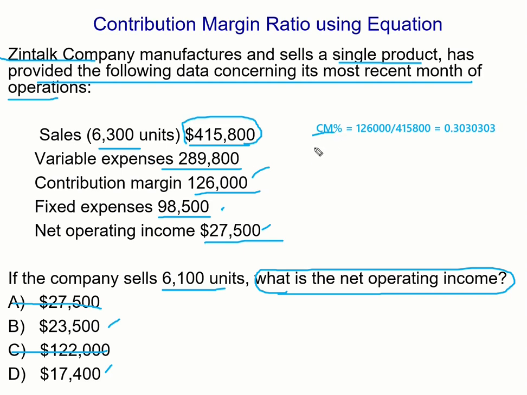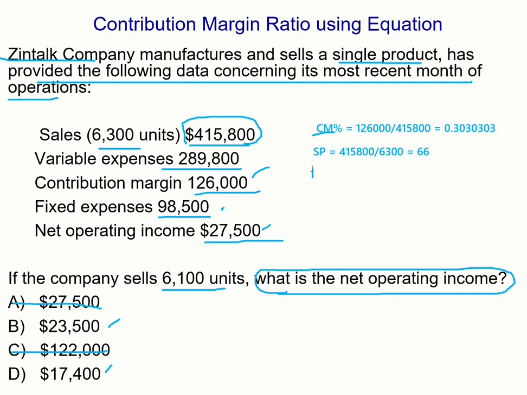I don't know my selling price per unit, but can I find it? Sure, I can. If my total sales is 415,800 for 6,300 units, I can take the total sales divided by the number of units I sold.